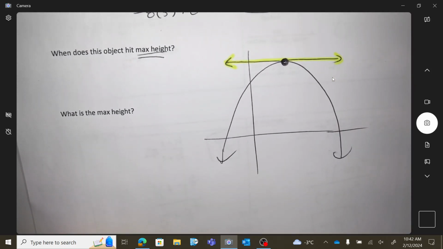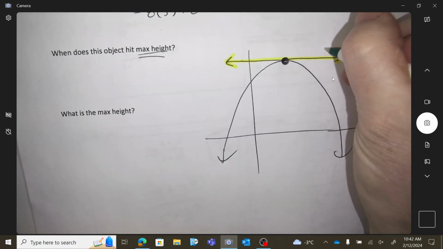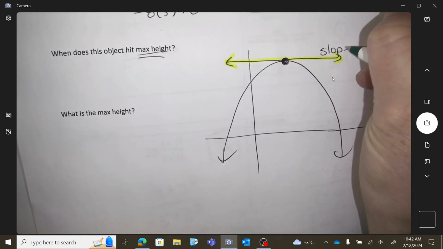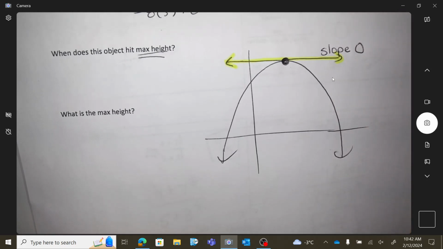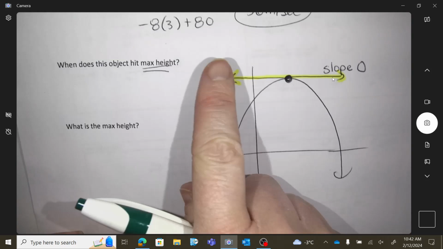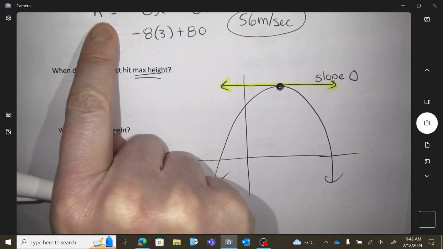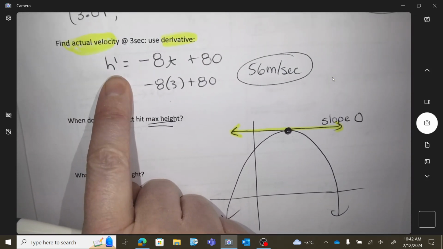What do you know about that line? The slope is what on that line? 0. It's a flat line. There's no slope. So what am I going to do now? I'm going to make this equation equal 0.